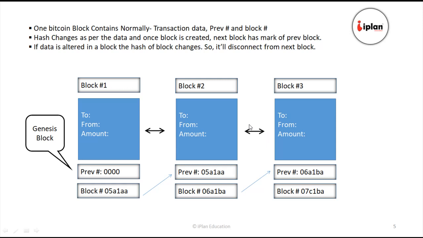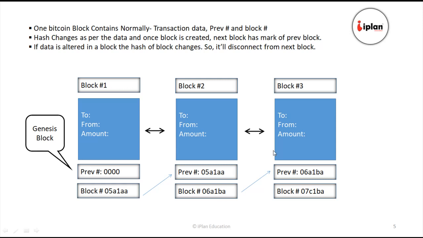Now let's suppose a block was created a month ago. Somebody wants to alter the information. Let's say somebody wants to steal the coins, and they want to change the from data or the to data. Once you change the data, the hash will also change. So if you alter any information in this block, the hash will change. If the hash changes, it will not link to the next block.